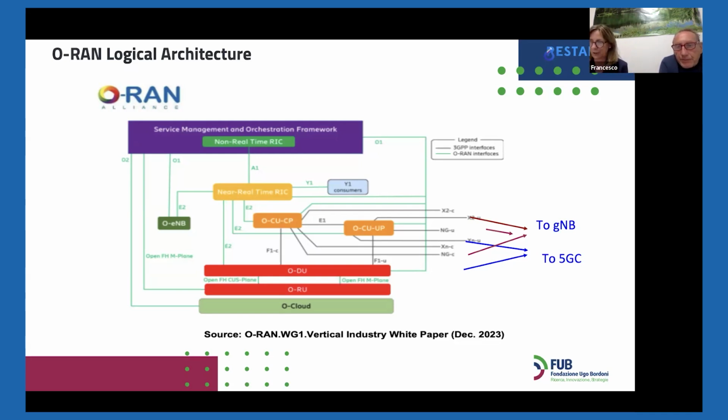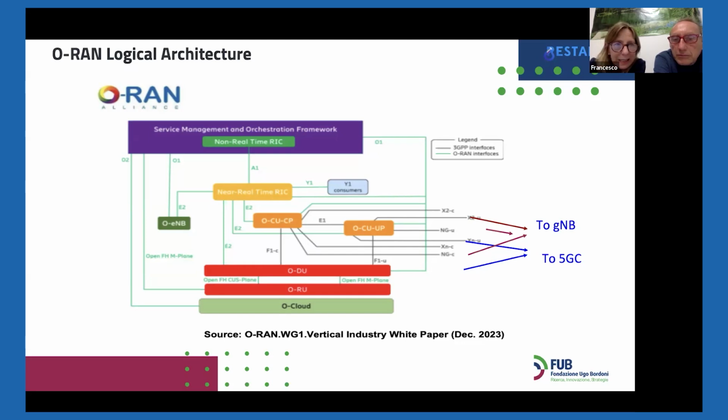And in this architecture, there are two intelligent network elements. The non-real-time RAN intelligent controller is in the management plane, the service and management part, and in this part there is also the management of training models for AI and policy analytics or something like that.